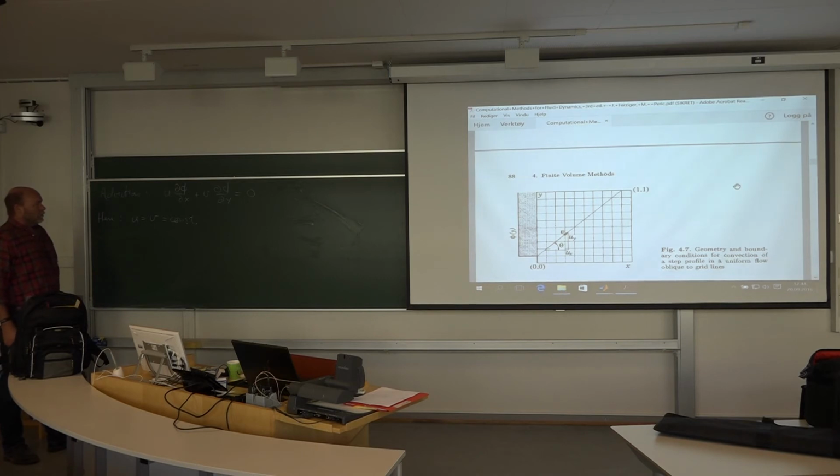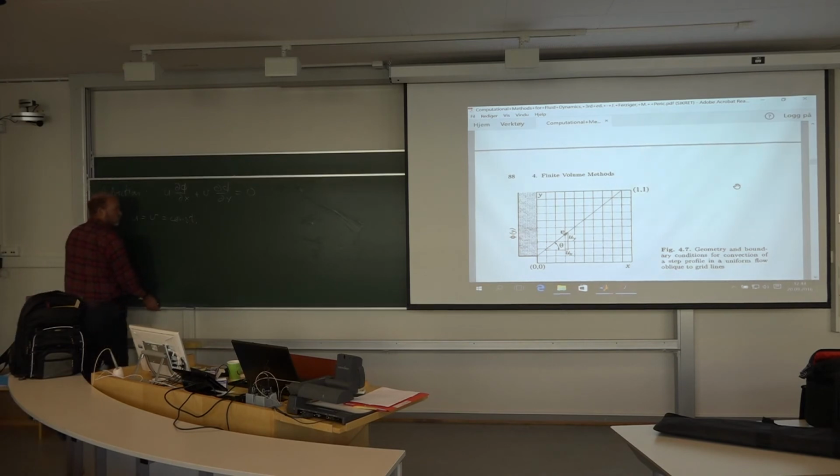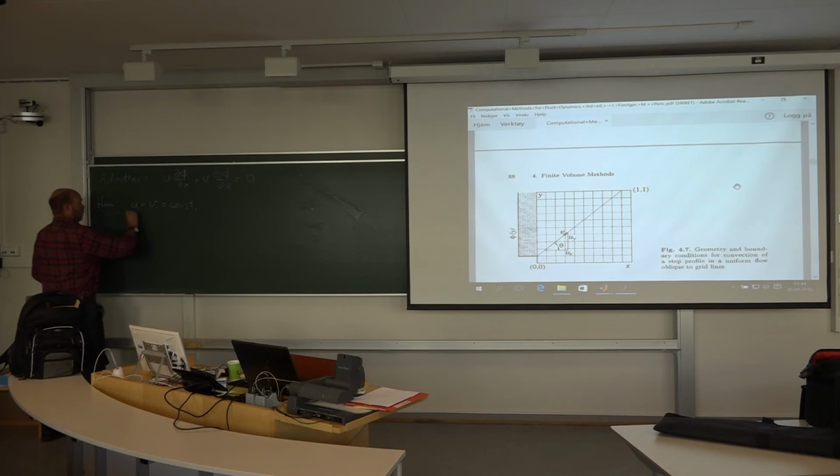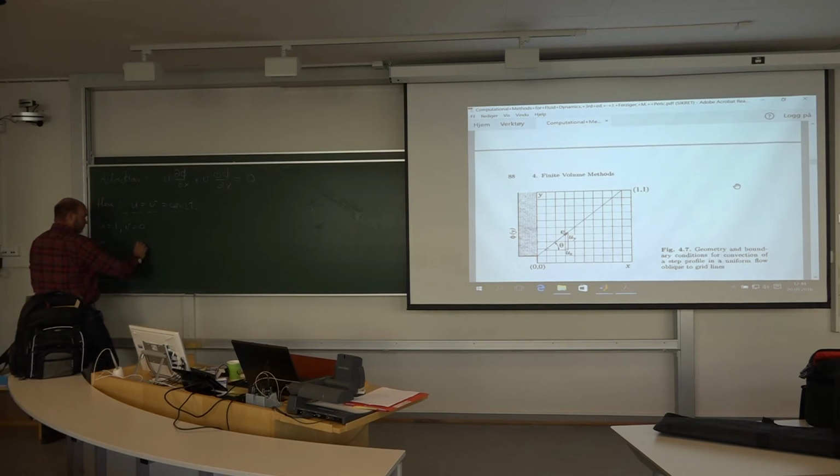For the simpler test case, if I chose U equals 1 and V equals 0, then what kind of case do we have then? Well, you will have something like this. Just a constant velocity field hitting your domain, X and Y.